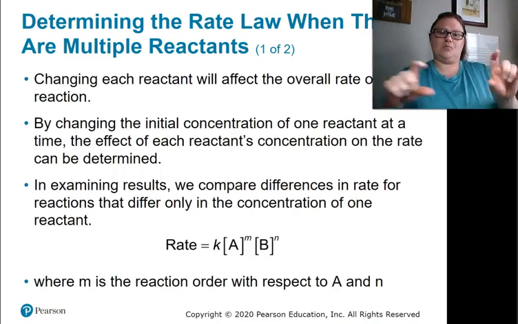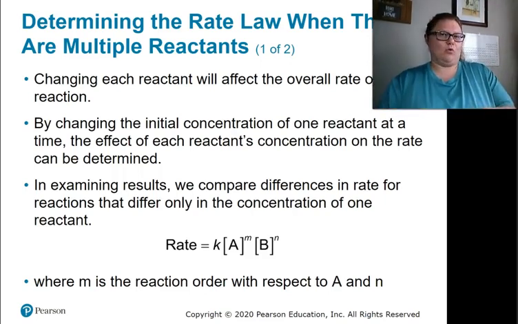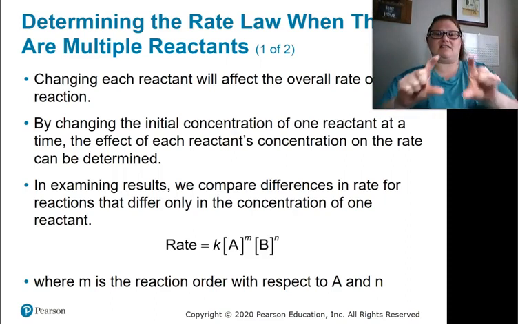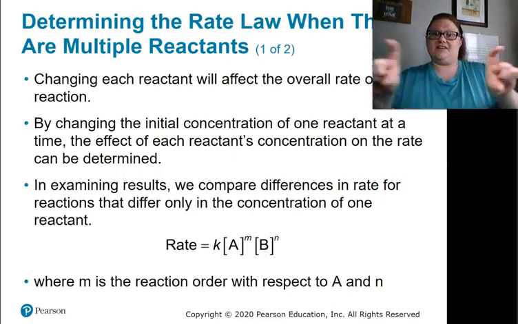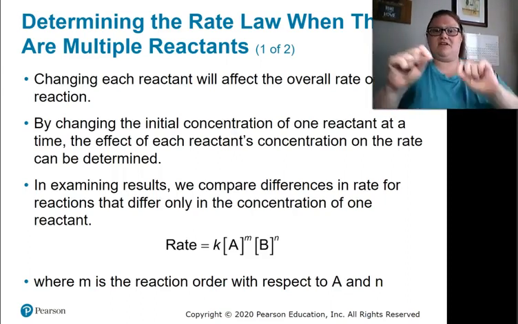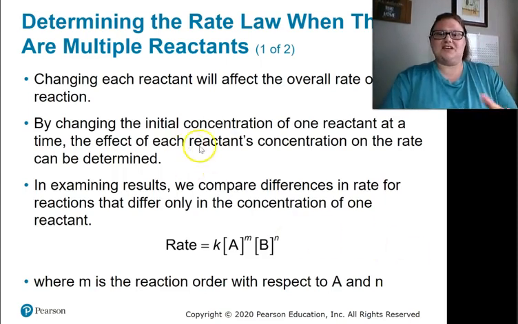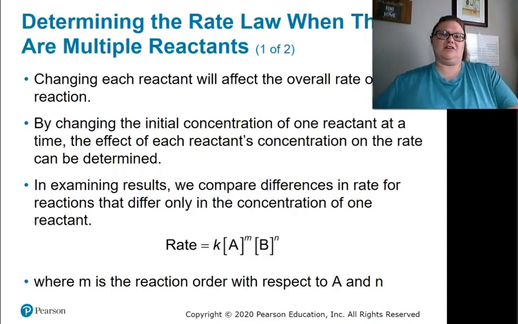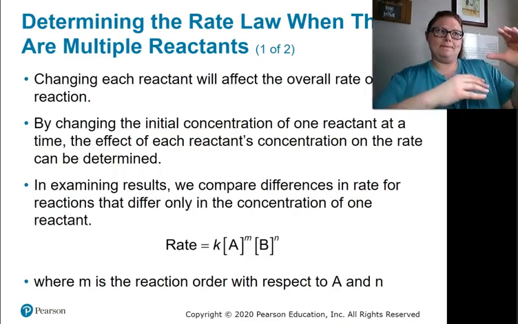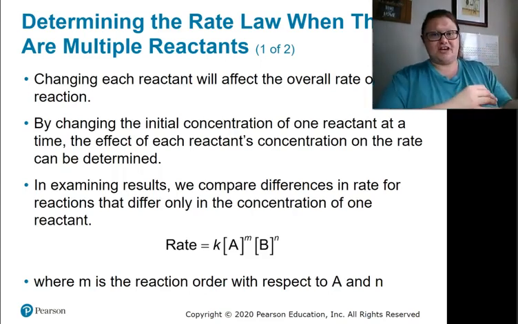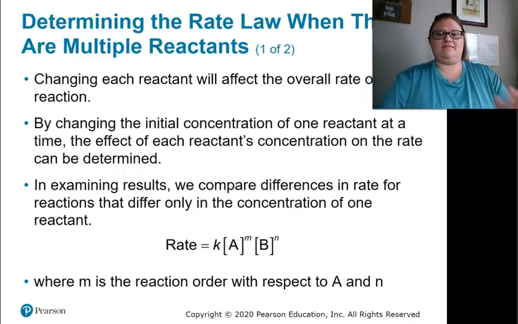All right, so if you needed to go back, and I know this is really wordy, take a look back at that slide where we had the 3 trials of experiments and the data, right? So if we change the initial concentration of one, that effect on the rate can be determined because we'll look at the other substances not changing for those 2 experiments. That's what it's trying to say.